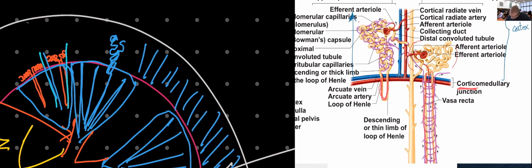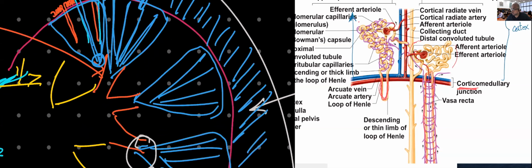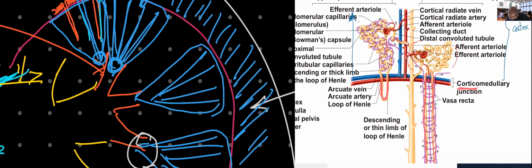The collecting ducts are the ones that will be conducting the urine towards the tip of the pyramid, towards the renal papilla. And from the tip of the pyramid, you're going to be conducting the urine into minor calyces, and then into major calyces, to the renal pelvis, and so on.